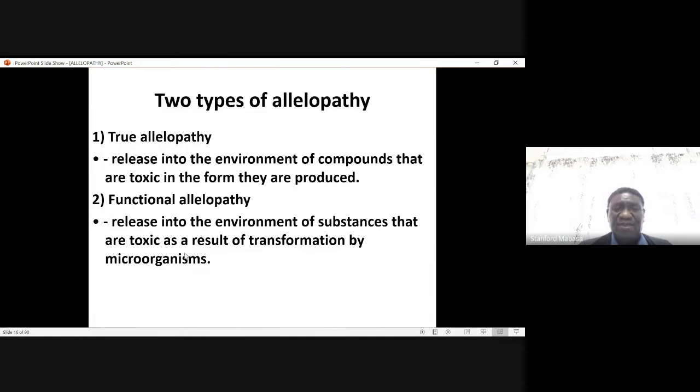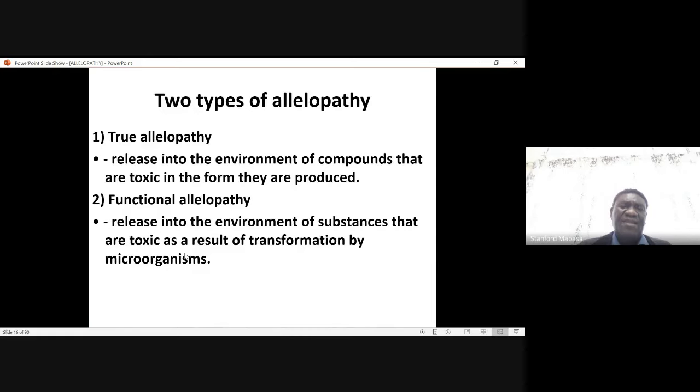Then from dead plants, we have number 2, which is functional allelopathy, where the release of allelochemicals is a result of transformation by microorganisms.